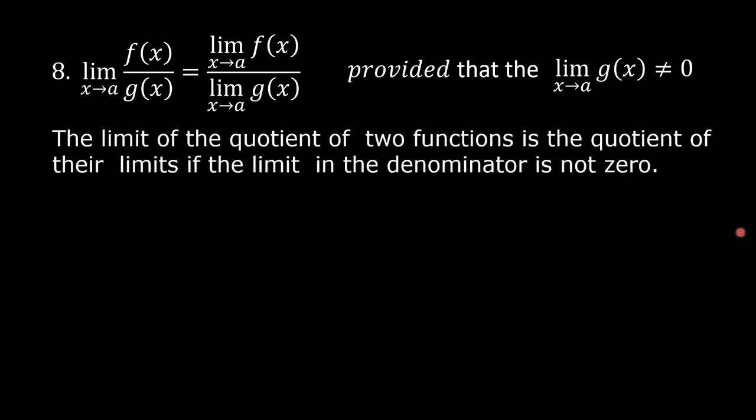This means the limit of the quotient of two functions is the quotient of their limits if the limit in the denominator is not 0.